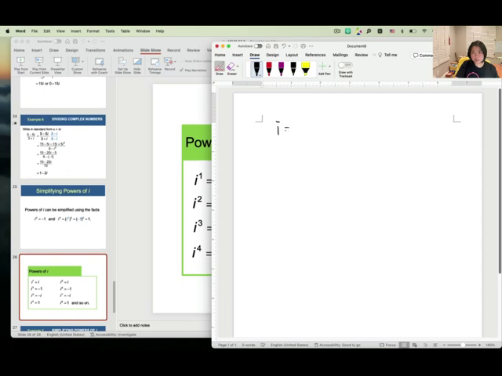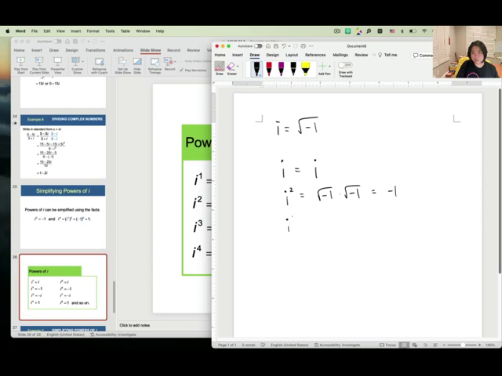You know i is going to be the square root of -1, right? So first, i is just equal to i. Okay, i squared, I could do square root of -1 times square root of -1. So this is going to be equal to -1.